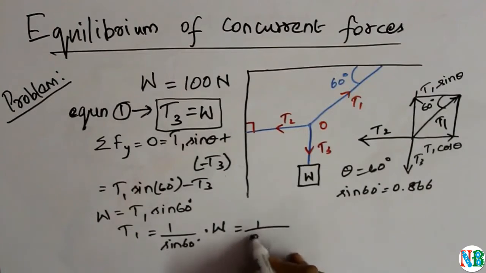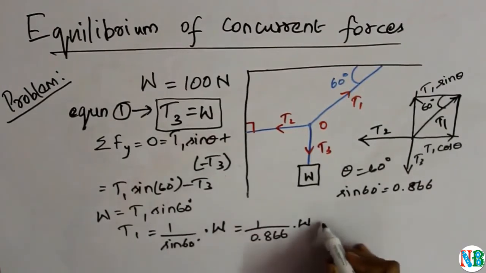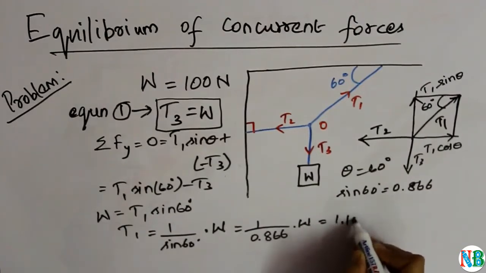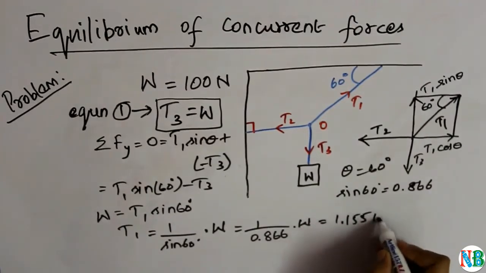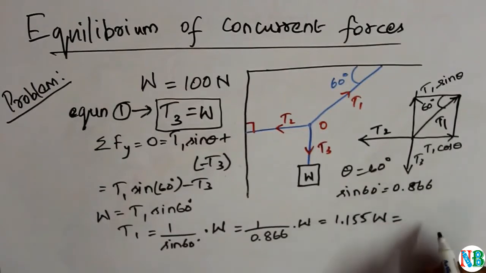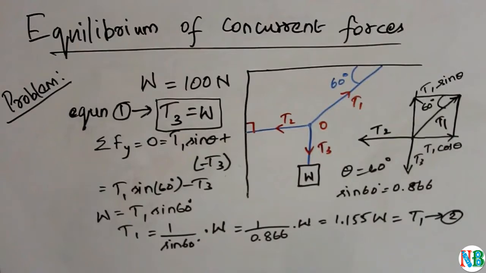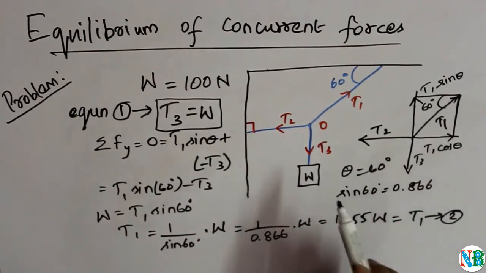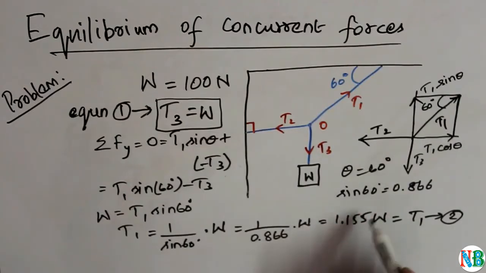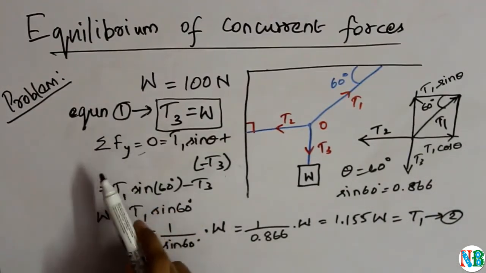So 1 by 0.866 into W is equal to 1.155 W. This is for T1, which is equation number 2. The value for the tension of rope 1 is 1.155 W, where W is the weight. So this is equation number 2, and this is only for the Y component, and we are going to find it for the X component.